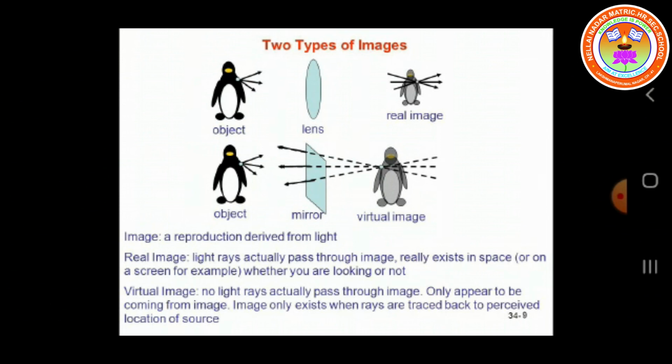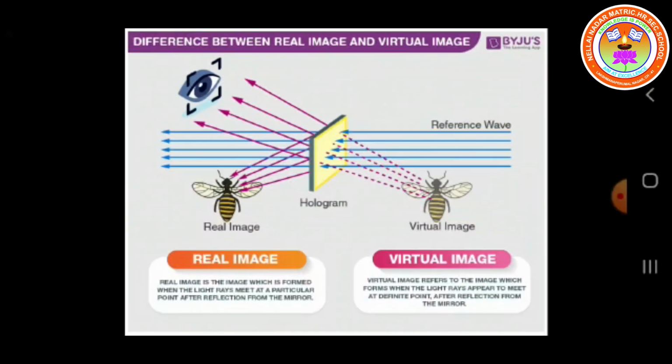The images that are obtained on a screen are called real images, and those which cannot be obtained on a screen are called virtual images.